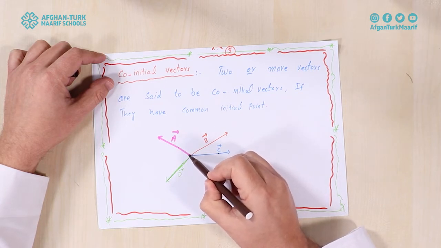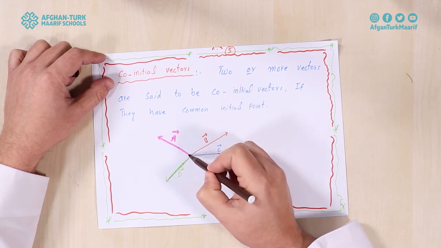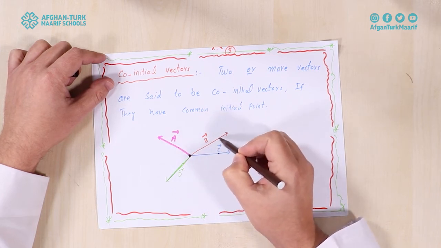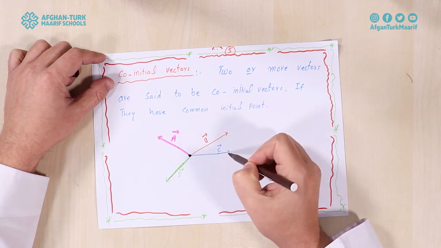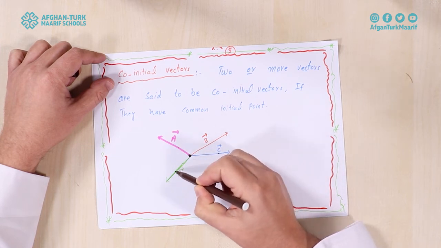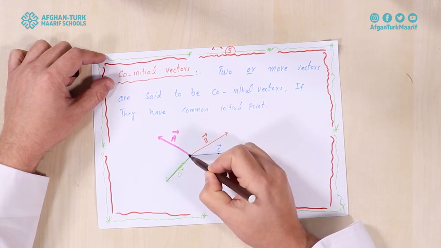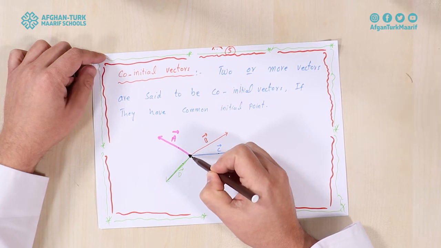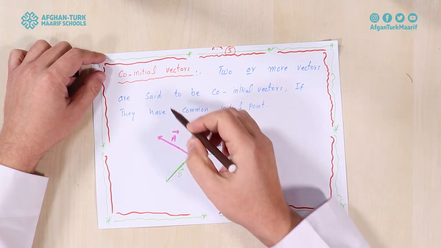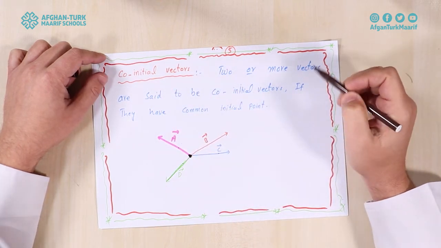Look, vector a starts from this point, vector b also starts from this point, vector c also, and vector d also starts from this point. We can say all these vectors have the same starting point. So this type of vector is called co-initial vector.